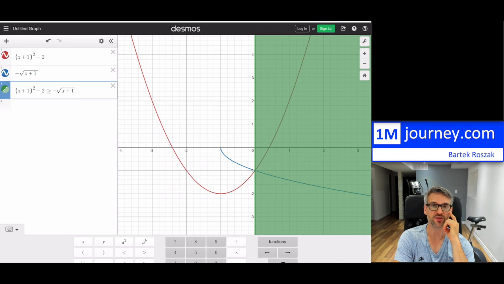It surely is not as easy as it is with linear ones. With linear ones, the only thing you have to worry about is multiplying or dividing by a negative and then swapping things around. Here, trying to solve an inequality like that, is it possible? Yes, of course it's possible, but it's going to be painful. And graphing tools help us a lot to visualize.